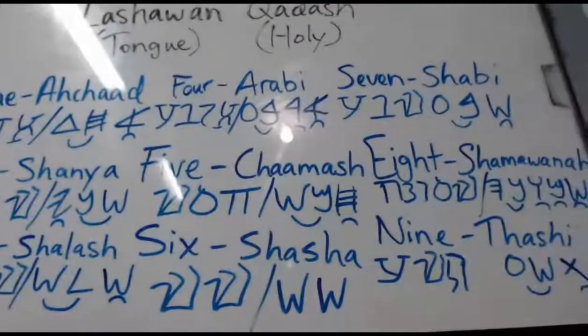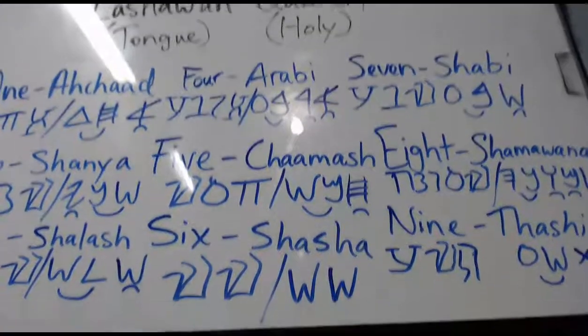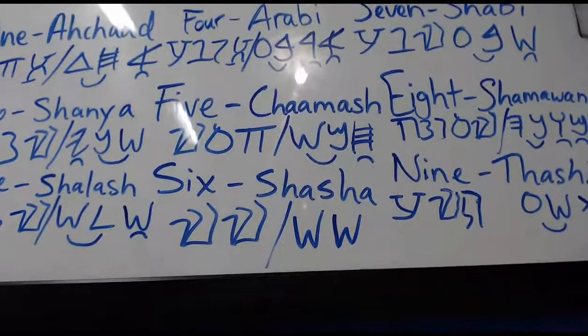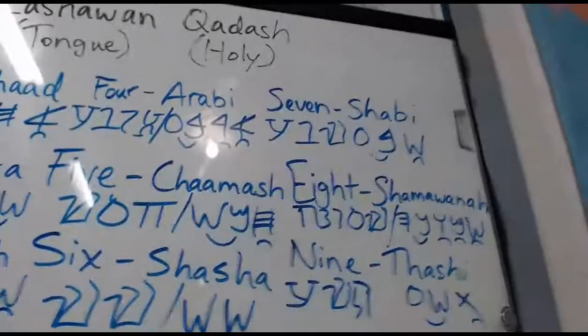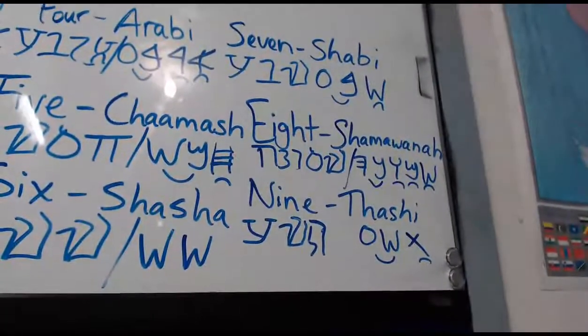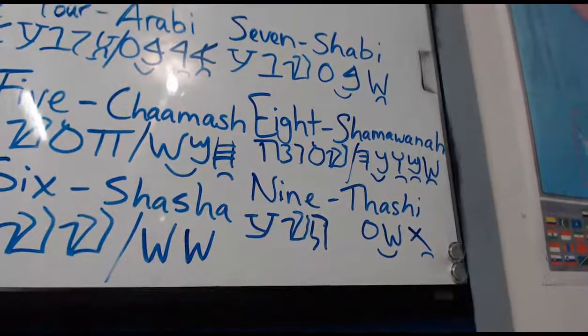Make sure, let me know when you got the spelling down and everything before I erase it. 4 is Arabai. 5 is Chamash. 6 is Shasha. 7 is Shabai. 8 is Shamawana. 9 is Thashai.